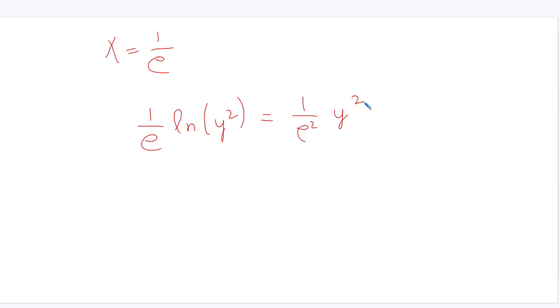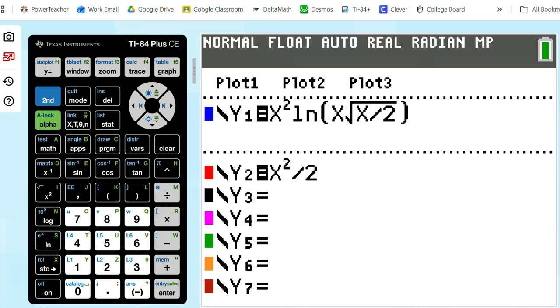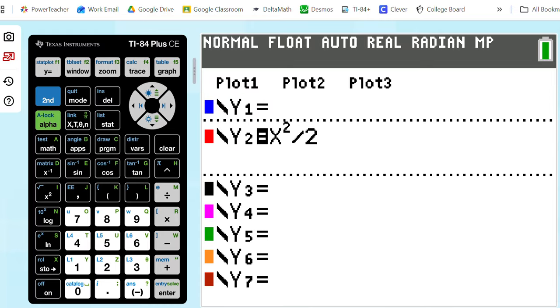And as long as those have an intersection point and that intersection point doesn't make the numerator of our original derivative 0, then we should have that as a vertical tangent line as well. We can real quickly check that here on our graph.